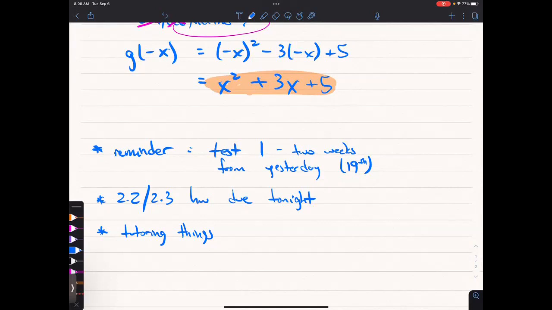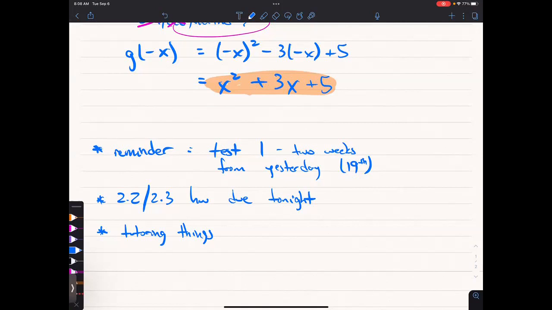Okay, so a couple of things for the next couple of days. We're going to look at combining functions using arithmetic, and then defining a new operation that we call composition.